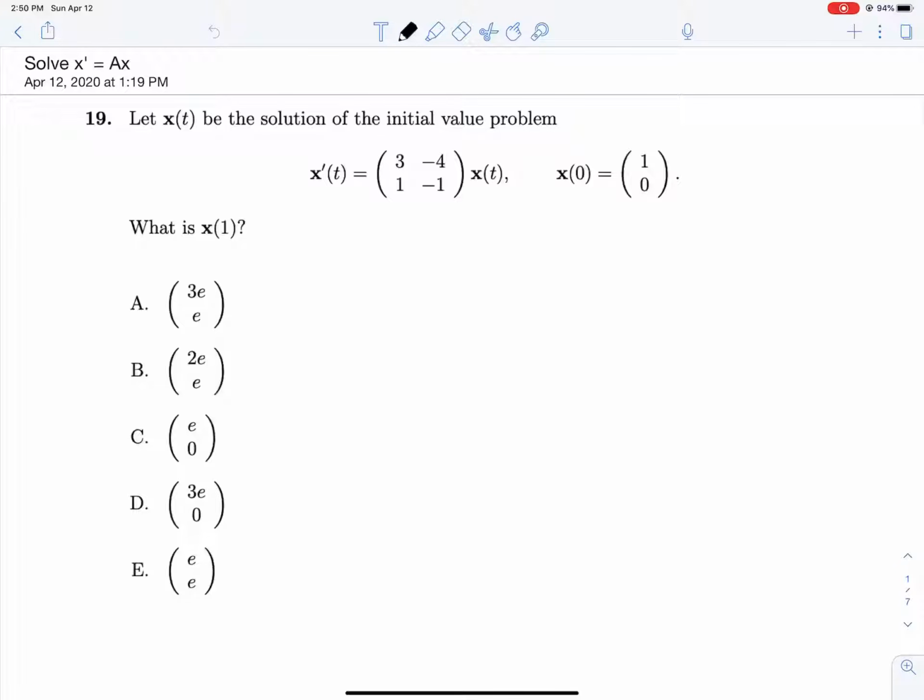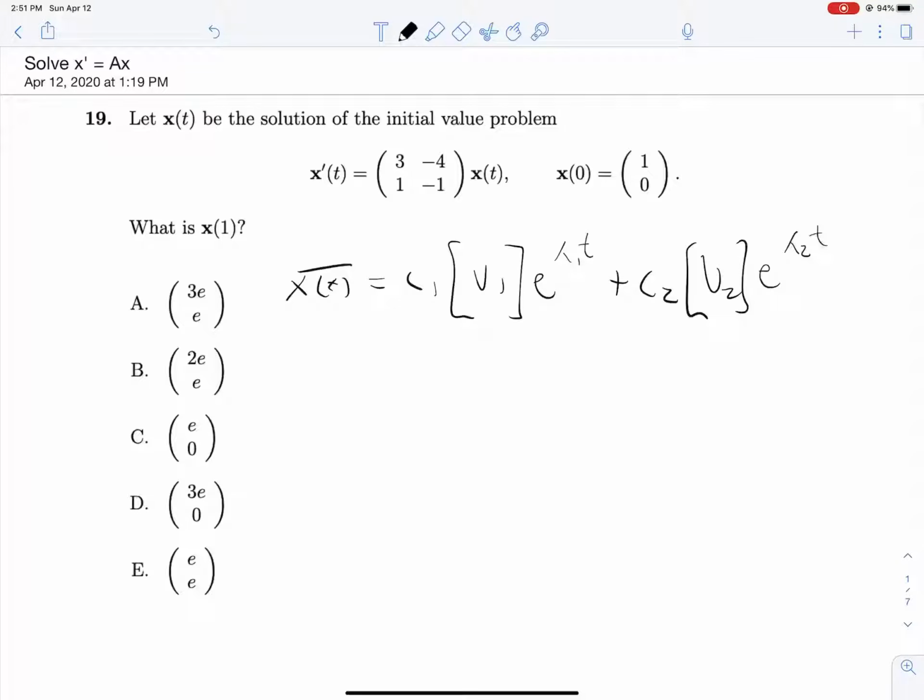And first off, we are going to need to find our eigenvalues, because our solution for all these problems, and I'll only really write it once, is x of t equals c1 v1 e to the lambda 1 t plus c2 v2 e to the lambda 2 t, where v1 and lambda 1 are a corresponding eigenvector-eigenvalue pair, and same for v2 and lambda 2.